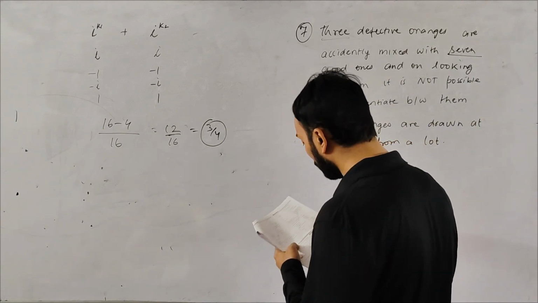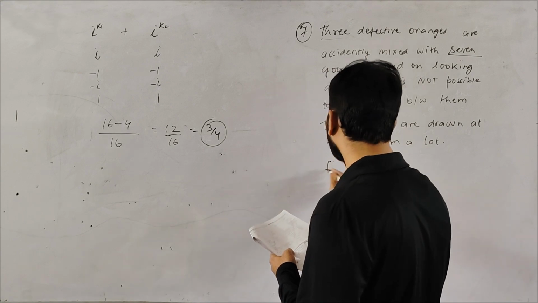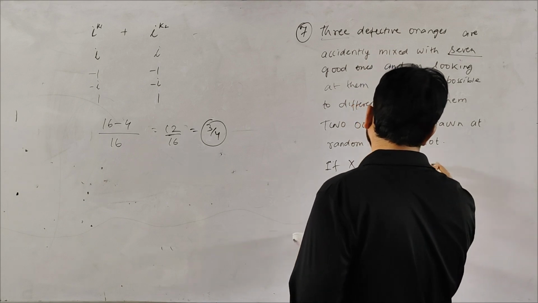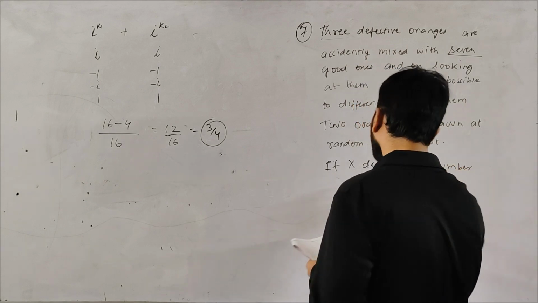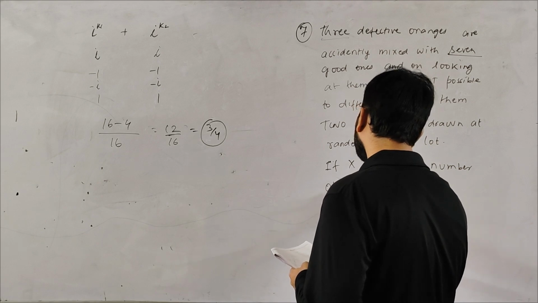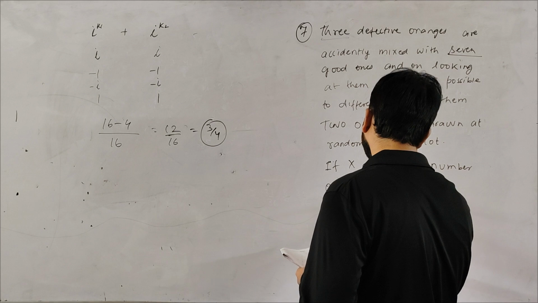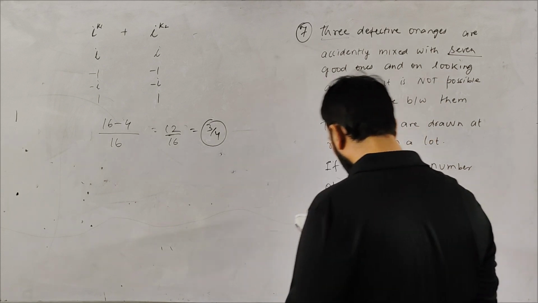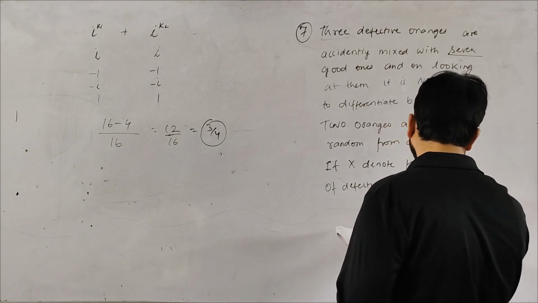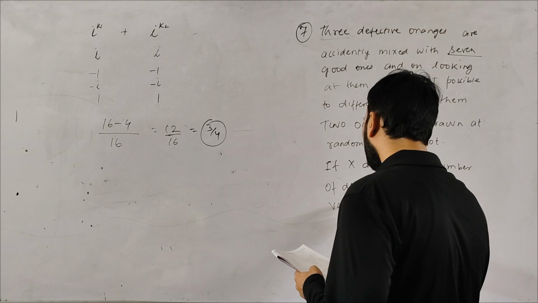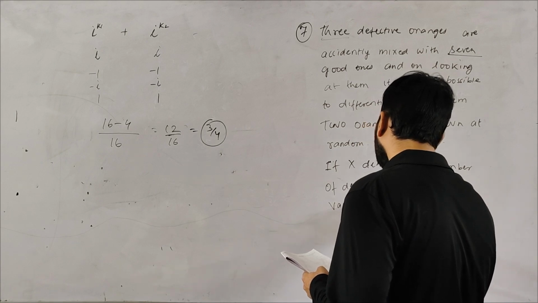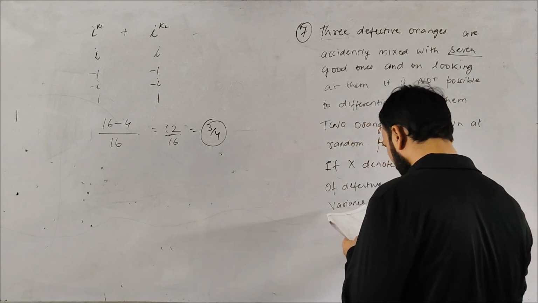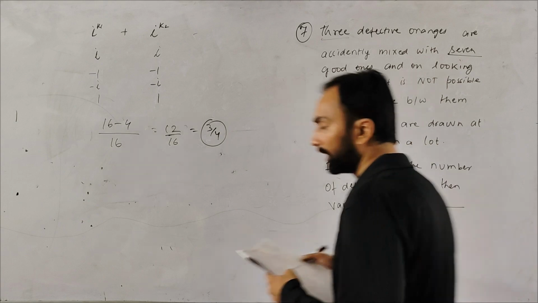And if X denotes the number of defective oranges, then the variance of X is, correct. So we have to find the variance of X.